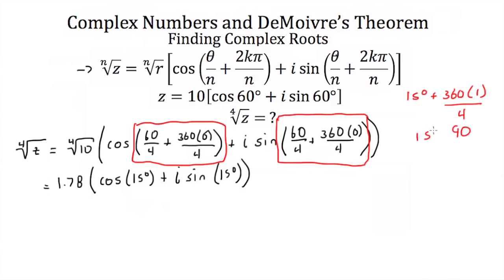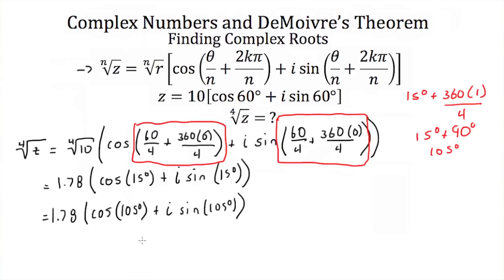So 15 degrees plus 90 degrees, that's 105 degrees. So our second solution is 1.78 times the cosine of 105 degrees plus i times the sine of 105 degrees.